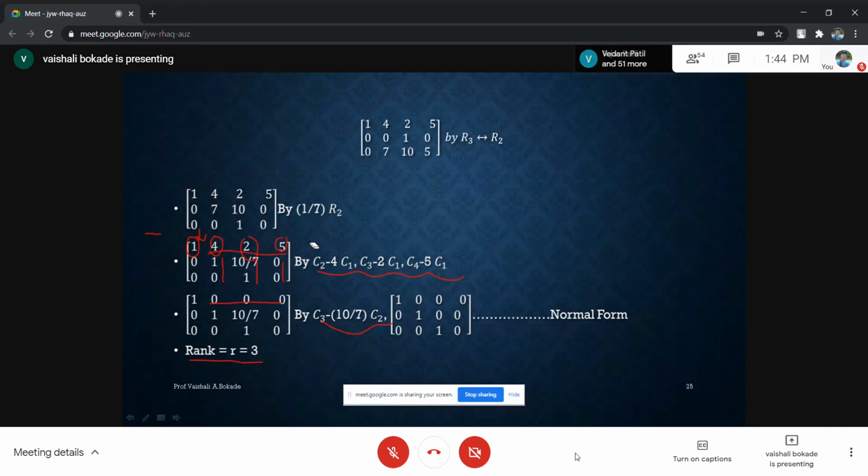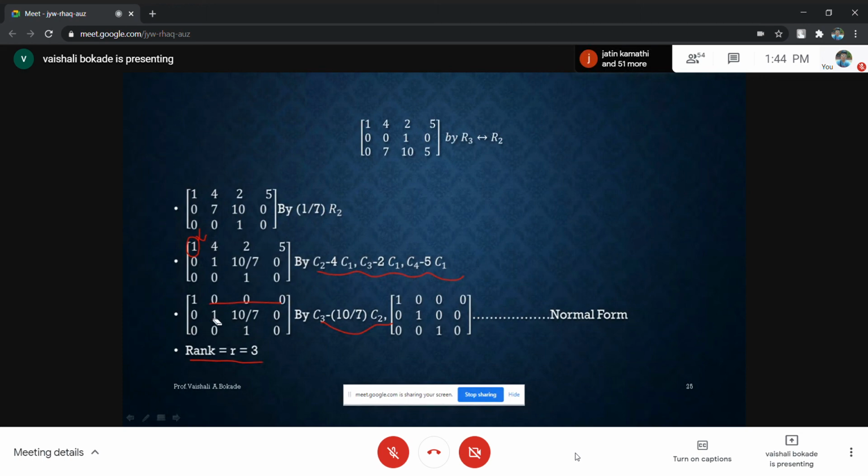After getting echelon form, it is very easy to convert the matrix to normal form or canonical form. Use only column transformation, but according to that sequence only. Use C1 for converting elements in R1 to 0.